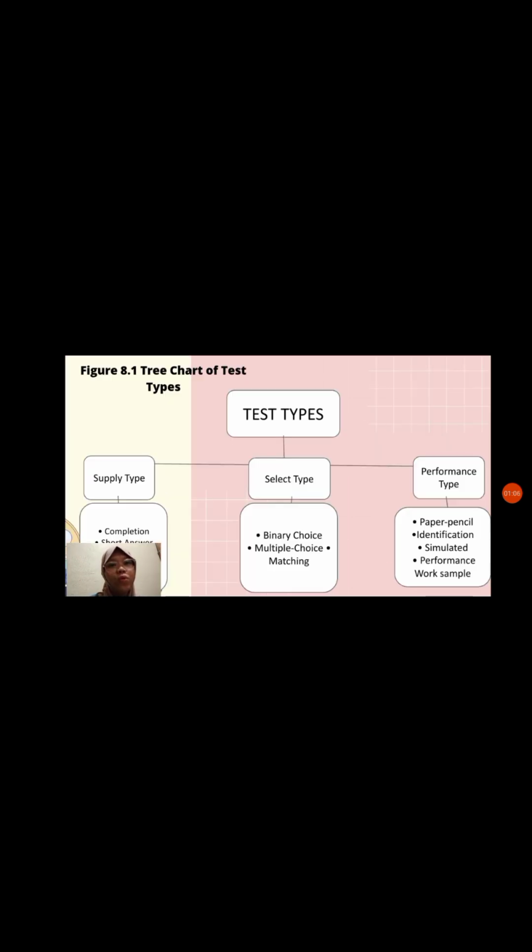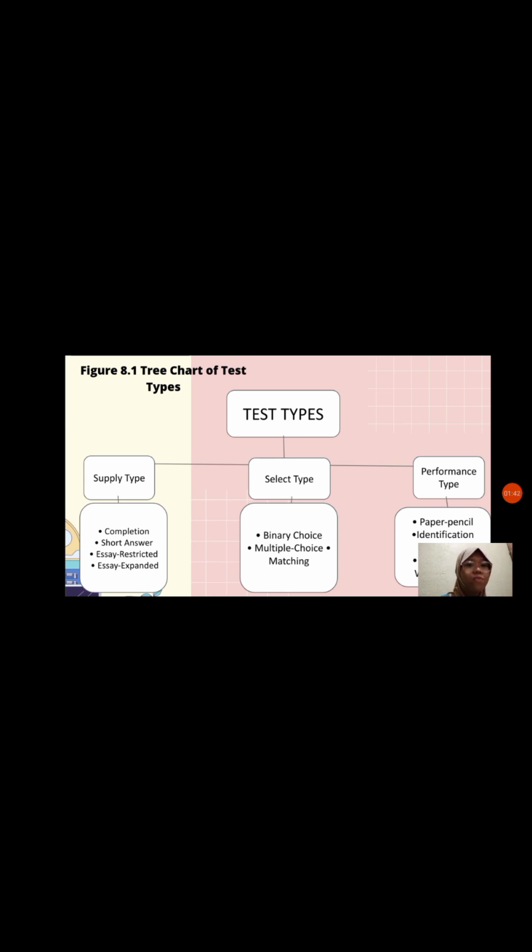In order to categorize those, we have our chart of test types. Test types have three types: supply type, select type, and performance type. Under the category of supply type, we have completion, short answer, essay restricted, and essay expanded.